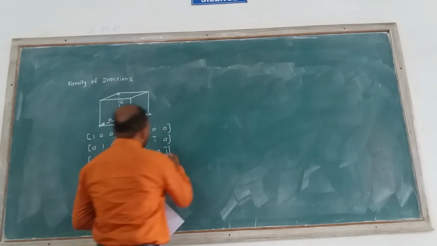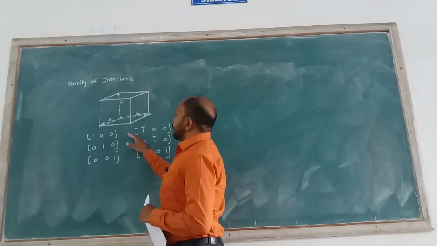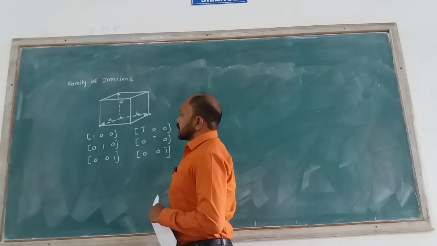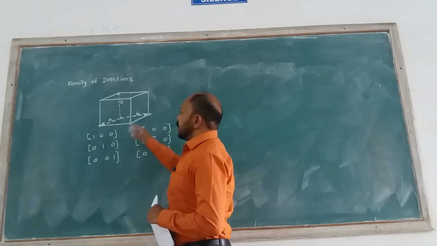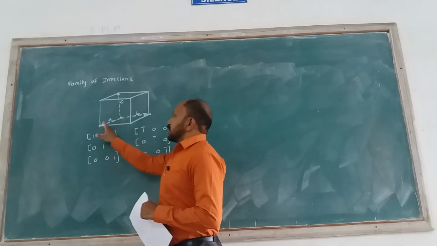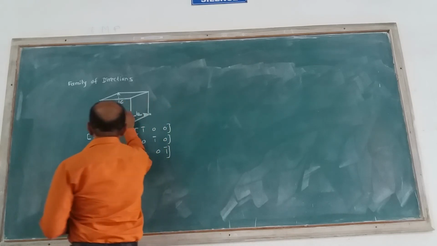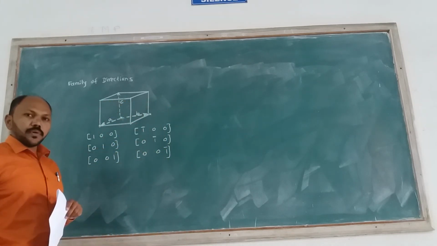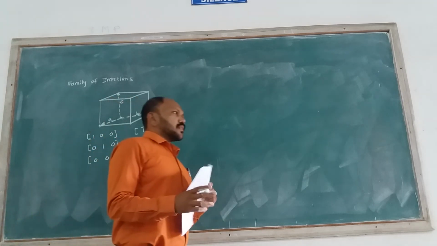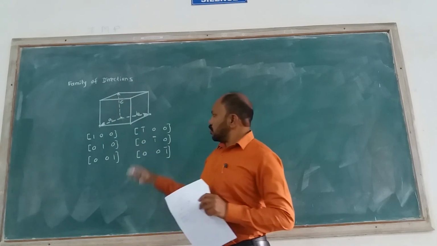If we consider the negative condition also, if the point is located at the opposite side or negative direction, then also it is possible. So if the point is at this location, we take the negative direction, and here we take 1 bar. So all these values are related to this cubic structure.